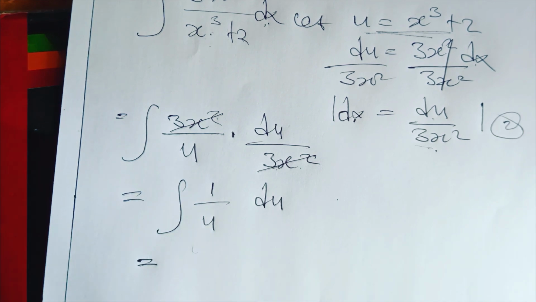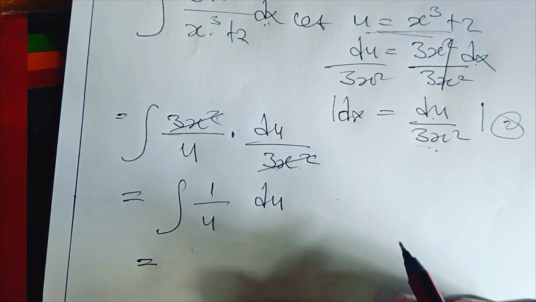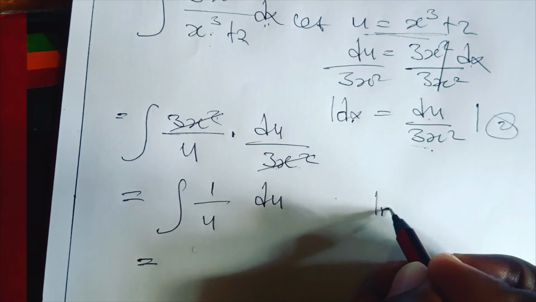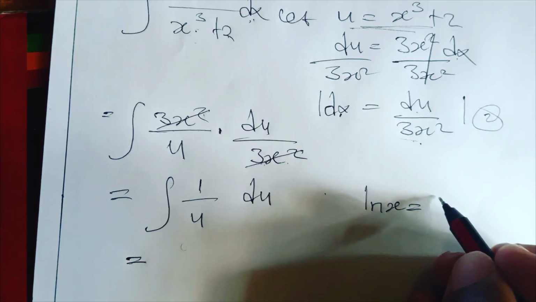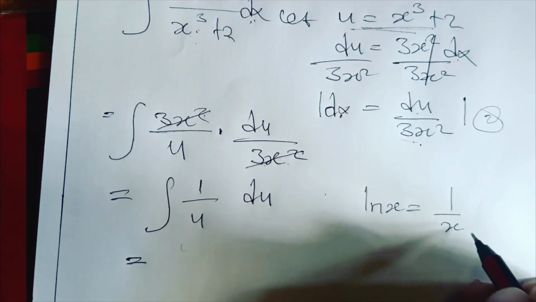Remember that integration is the antiderivative. In other words, integrating is just the opposite of differentiation. When you differentiate ln x, you get 1 over x.